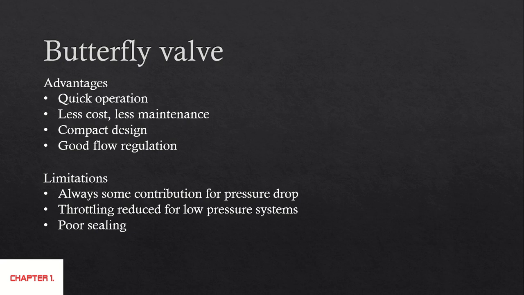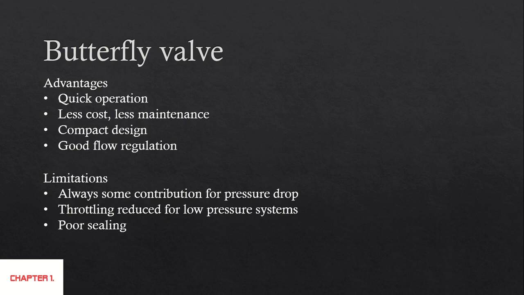So if butterfly valves are used for the purpose of throttling, it is limited to low pressure systems. For high pressure systems, throttling is not that much recommended, because in high pressure systems it can cause damage to the seat.